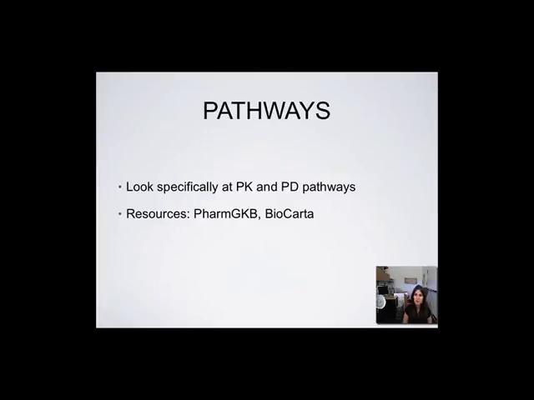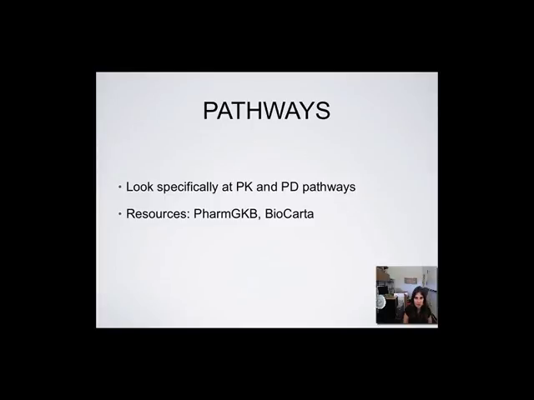So, what pathways are important when you're trying to come up with candidate genes to look at for influencing drug phenotypes? So, particularly, you want to look at the pharmacokinetic and the pharmacodynamic pathways.